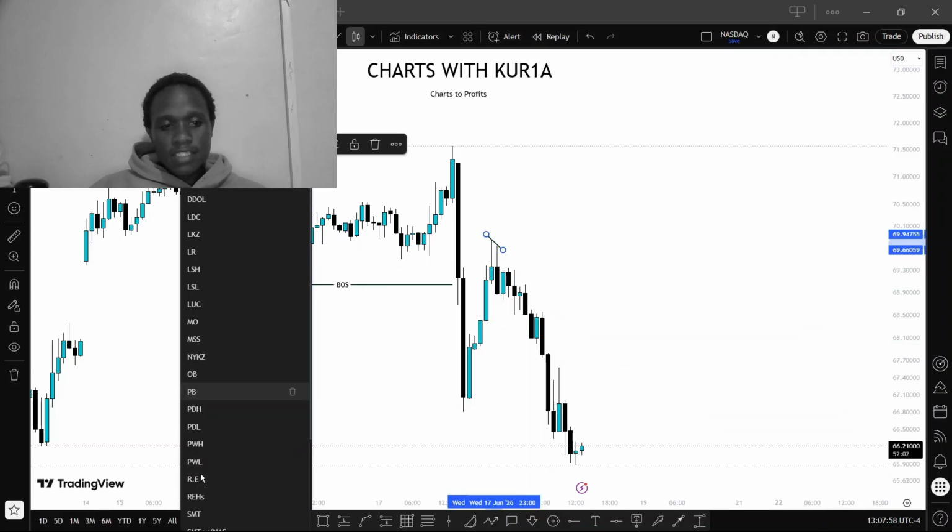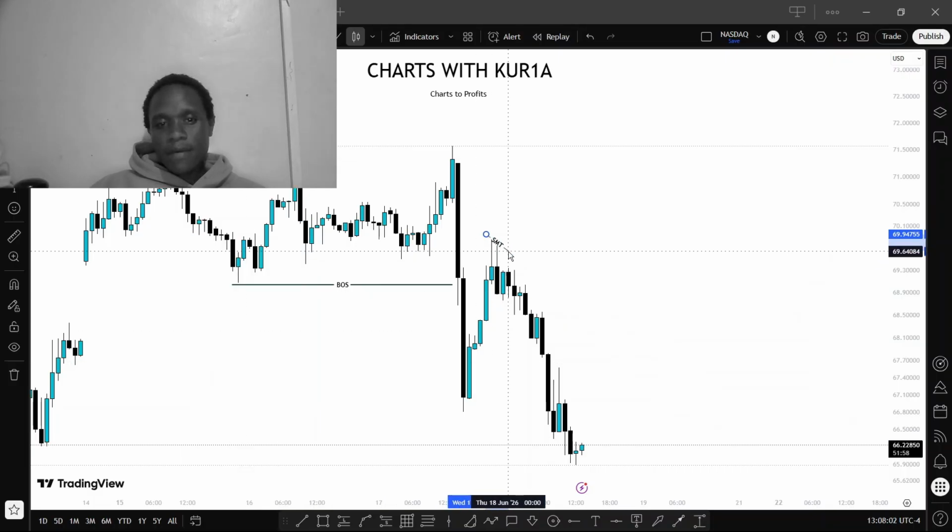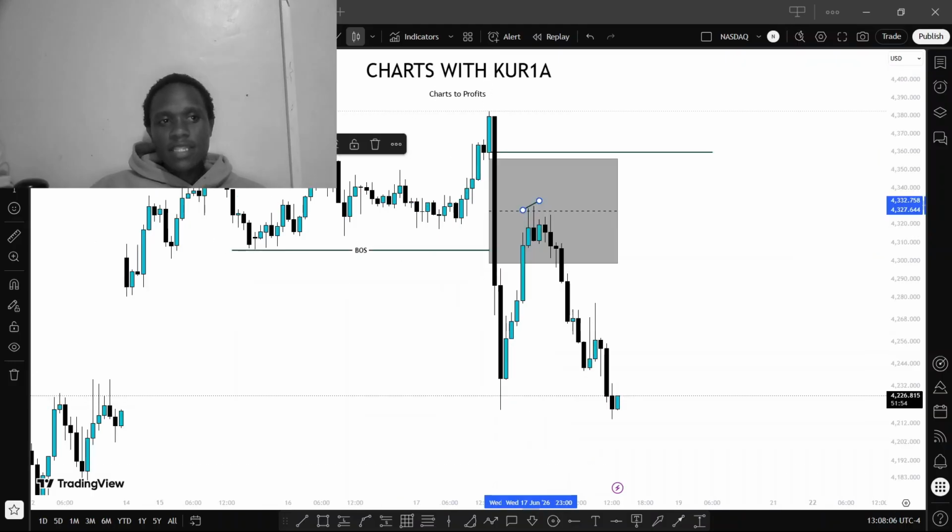In this case, silver is the one that gave us this signal, or sign, that price is ready to drop to the downside. And remember, this is happening during the Asian kill zone, and it's also happening at the fair value gap, which is a key level where I want to see price dropping from.